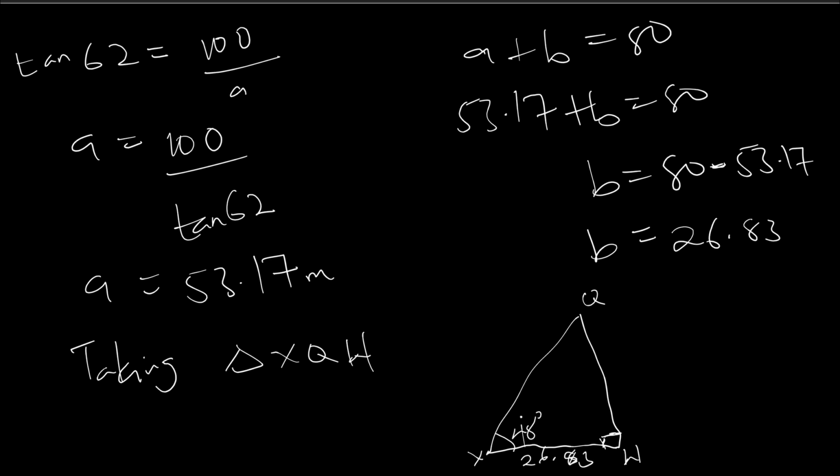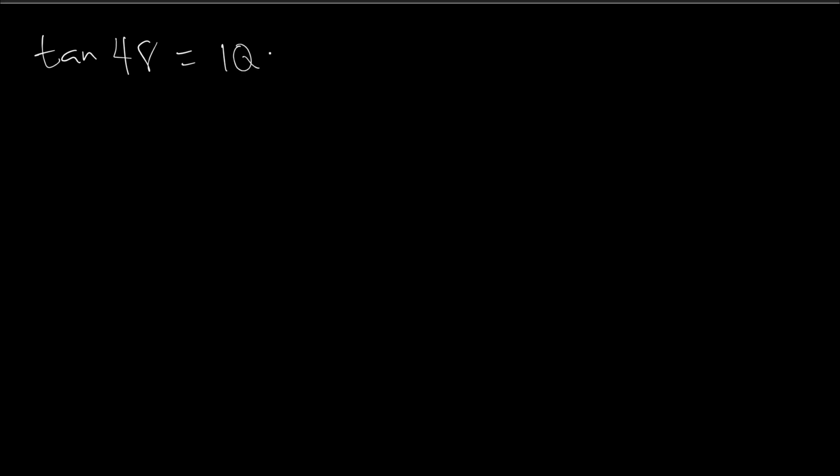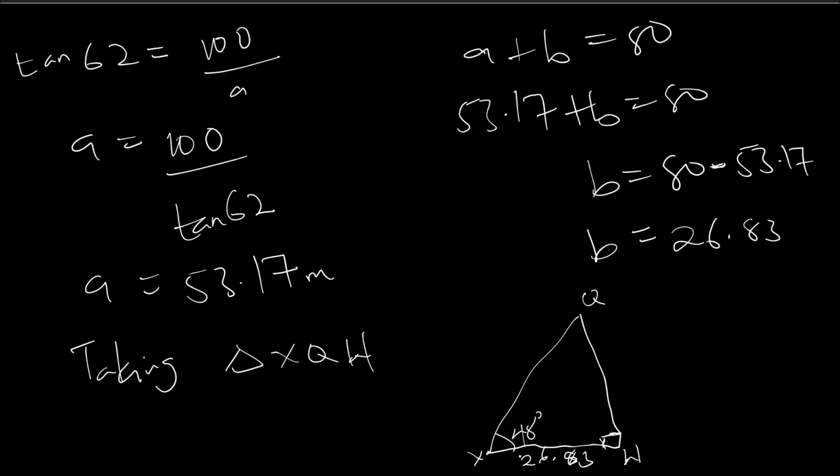So we can say that tan 48 is equal to the opposite, which is the line QW, all over the adjacent, which is 26.83.